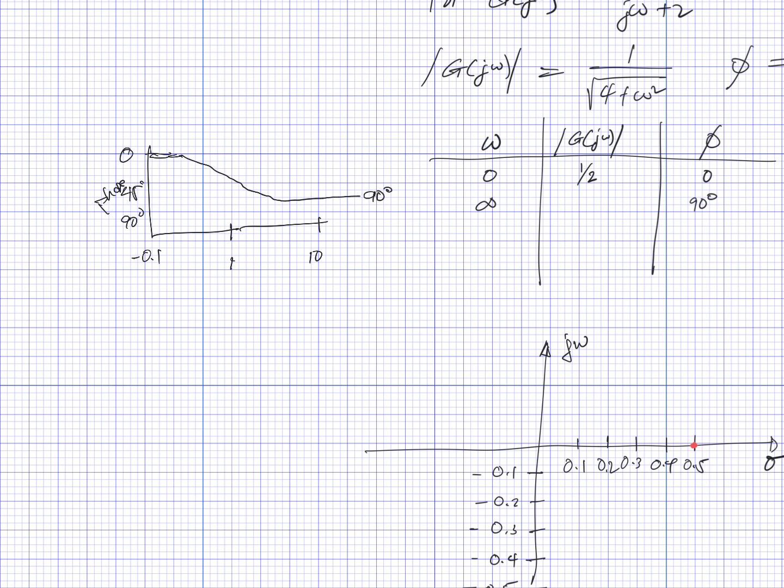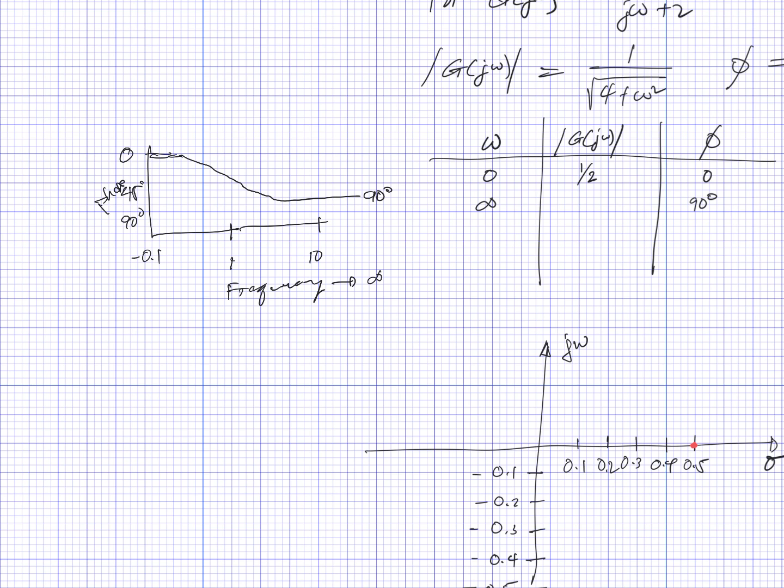So the maximum angle for a pole, or first order system, is 90 degrees as the frequency goes to infinity. Right, so it's 90 degrees.